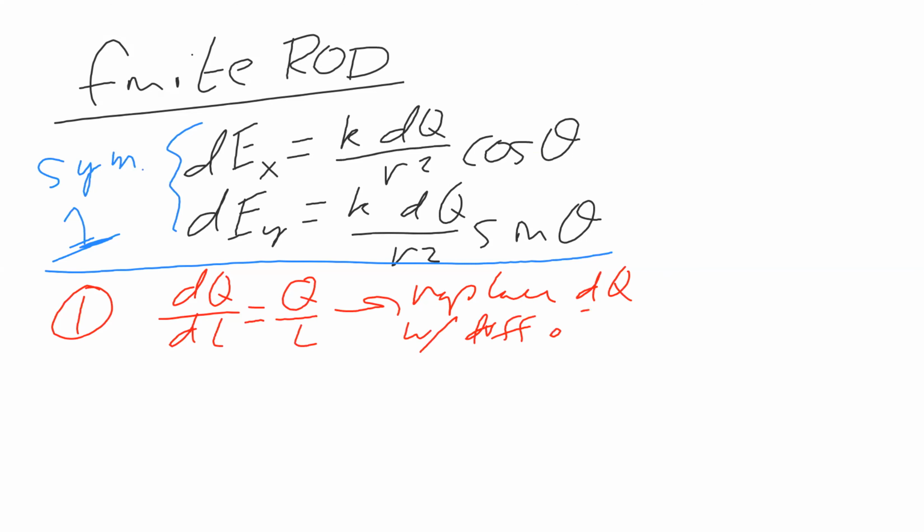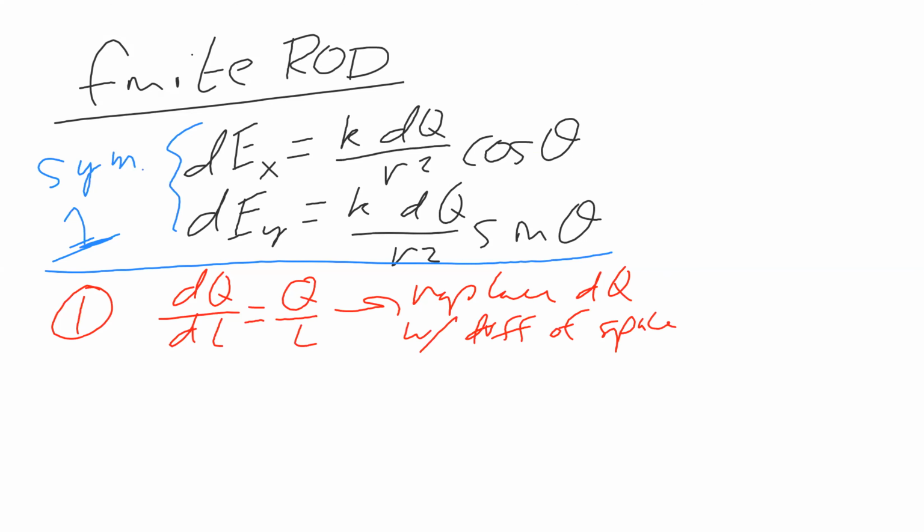What do I mean by that? I mean, basically, I want to turn dq into a dx or a dy or a dz or a d theta or maybe even a dr. But I want to take a differential charge dq and replace it with some variable of space.